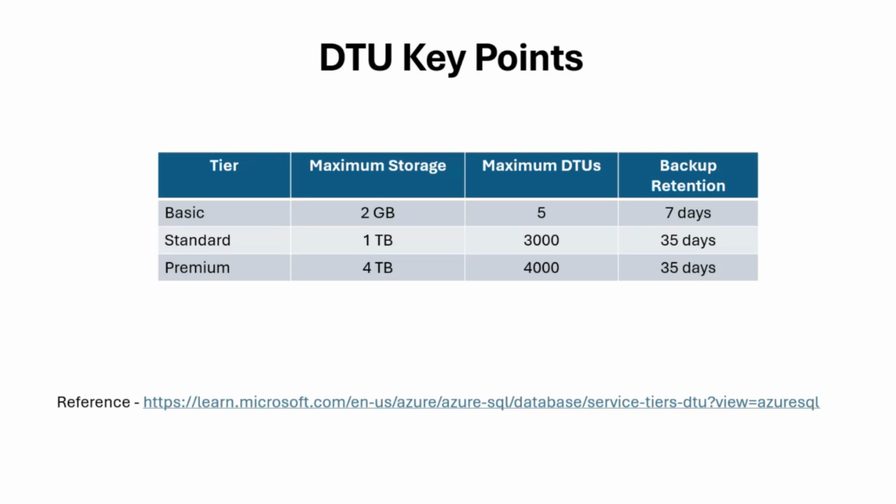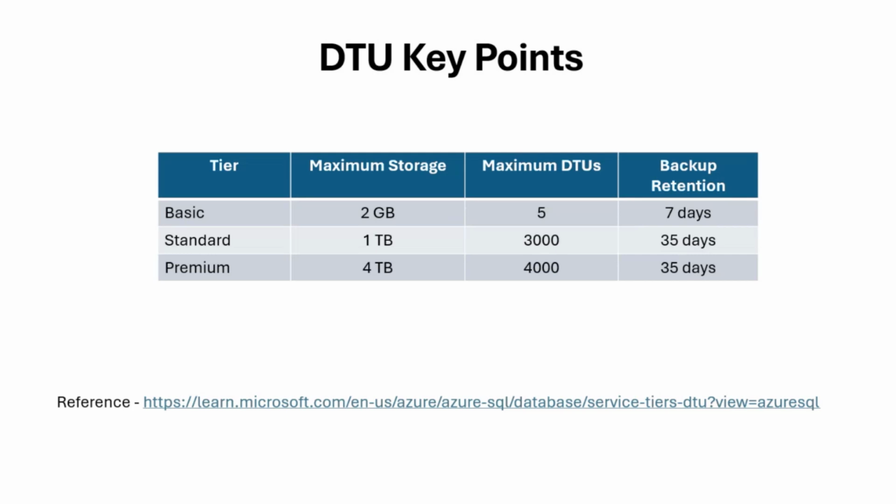You don't have high availability for this particular service tier, but it can be used for dev or test environments. Just keep in mind, the performance for this service tier is very, very limited.